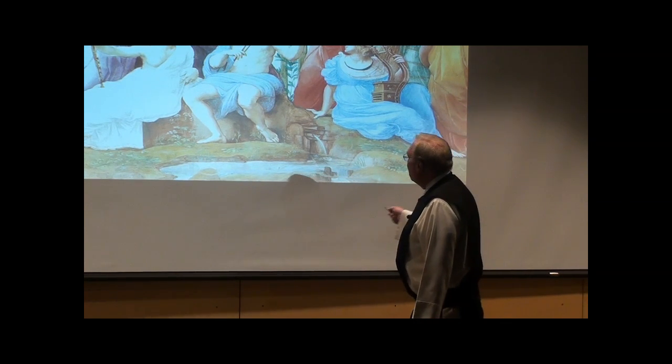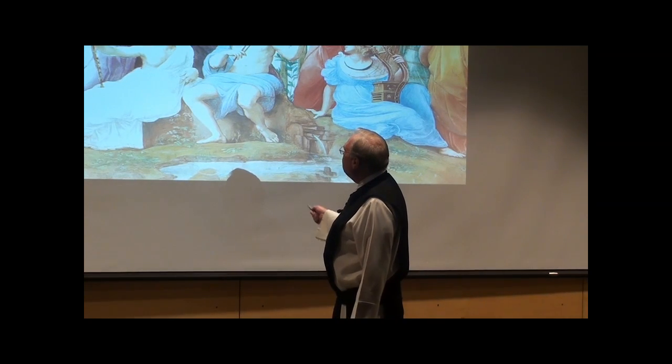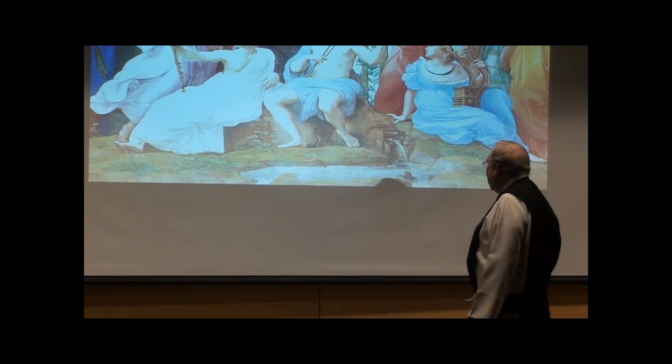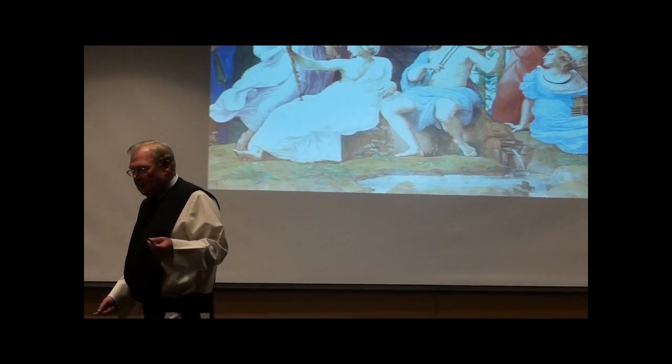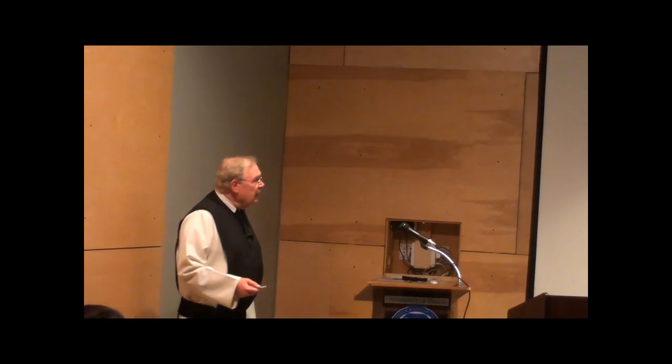So the 9 muses, and by the way, here's Dante again. The 9 muses are where we get our word music. Music is the activity of the muses, and a museum is a place of the muses.